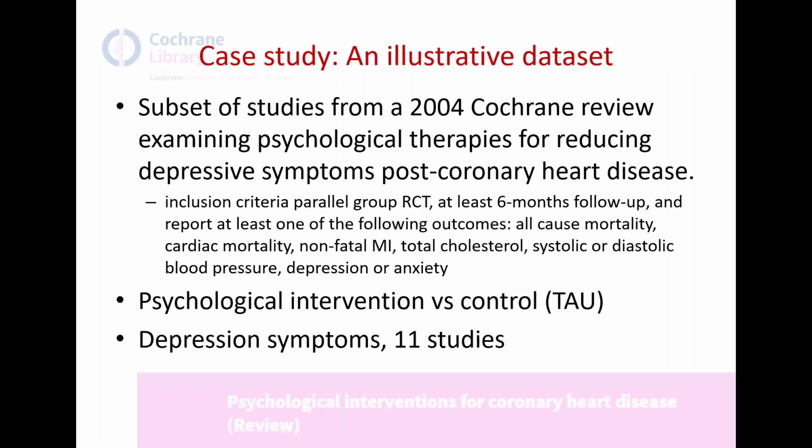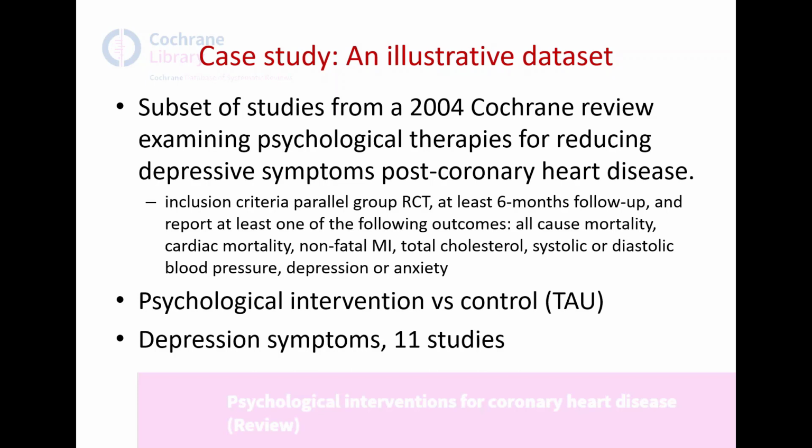The worked example we're going to be using throughout my section of the talk, but also for the beginning of Nikki's, is this subset of studies from a 2004 Cochrane review, which examined psychological therapies versus intervention as usual for reducing depressive symptoms post-coronary heart disease, so post-myocardial infarction.